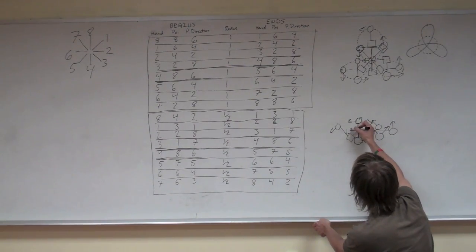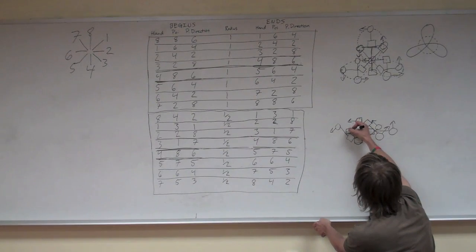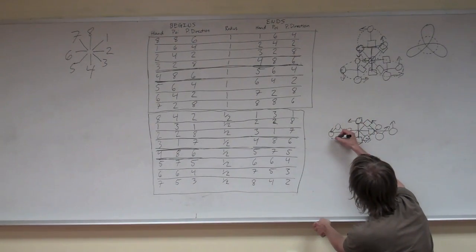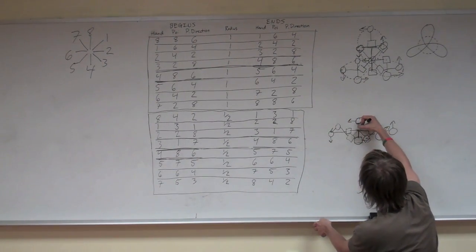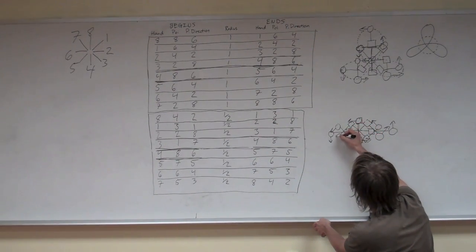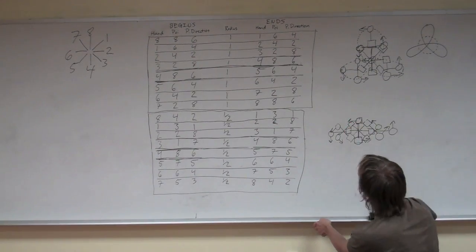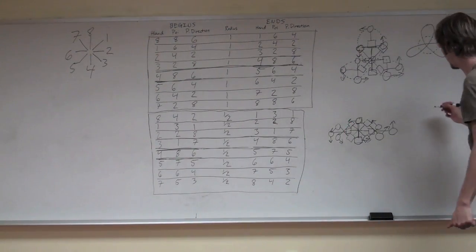We have hand at 6, poi at 6, heading towards 4. We have hand at 7, poi at 5, heading towards 3. What is this pattern?